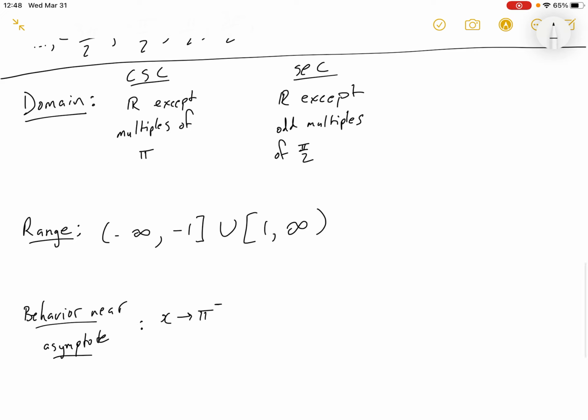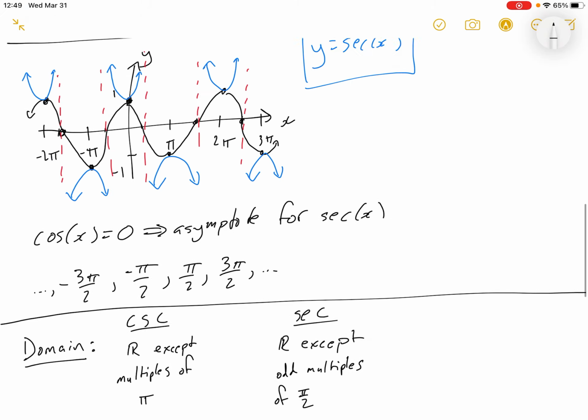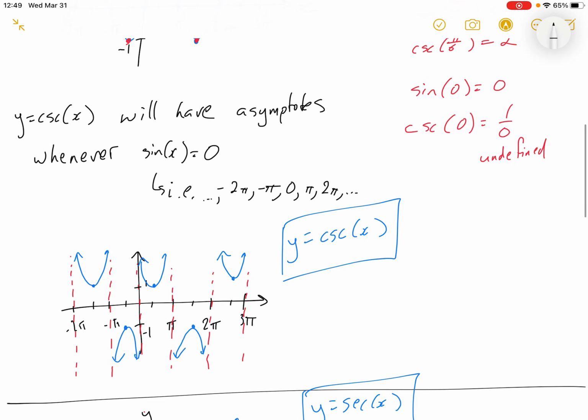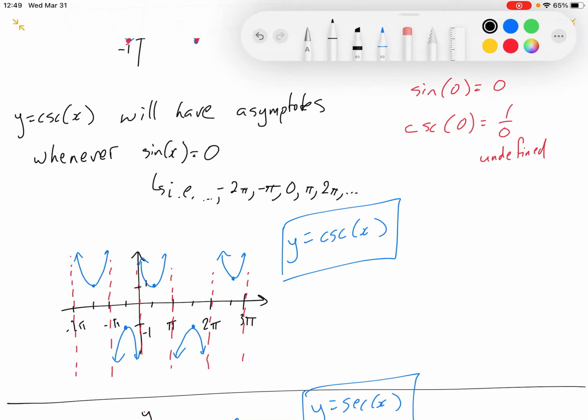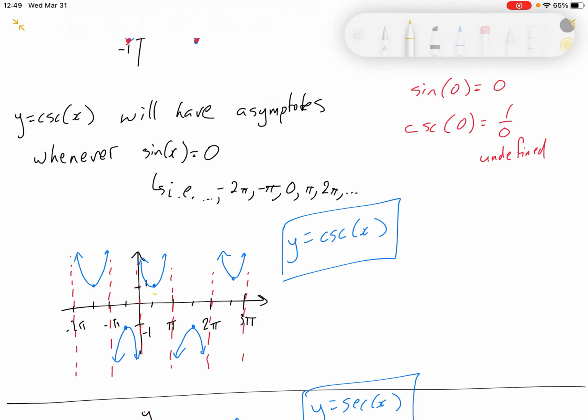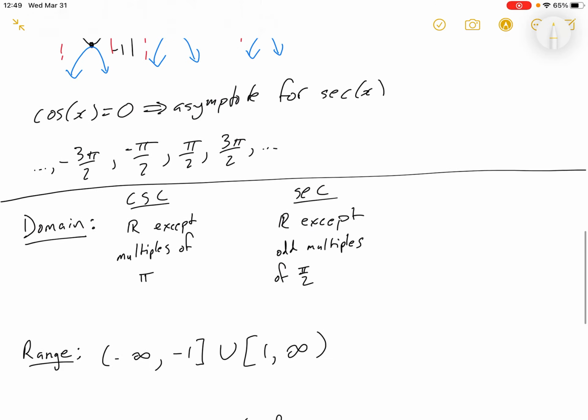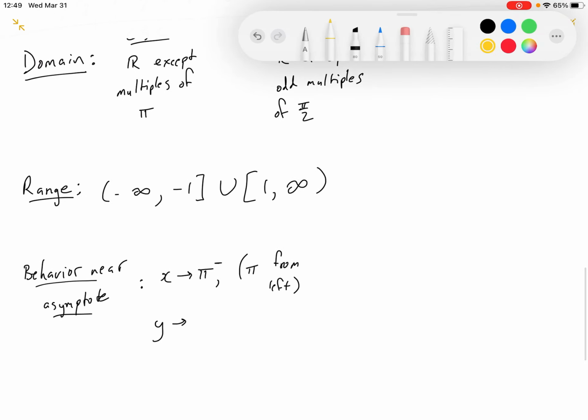Remember this is pi from the left, and this is for cosecant. Then y is going to go to plus or minus infinity. Let's take a look up here at our graph. As I'm approaching from the left, notice that as x goes this way, y is increasing forever. So that means I would say y goes to positive infinity.